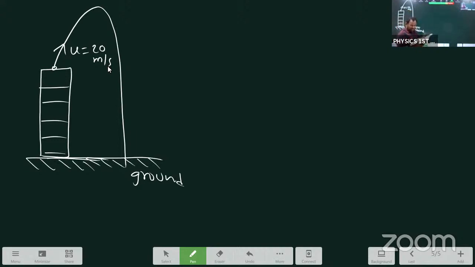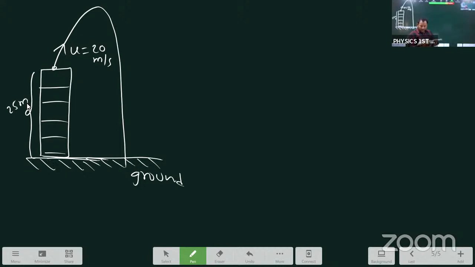The height of the point from where the ball is thrown is 25 meters from the ground. Here, from the point of projection to the ground, 25 meters. Indirectly, they are giving the height of the building.